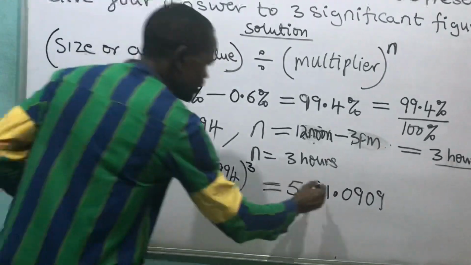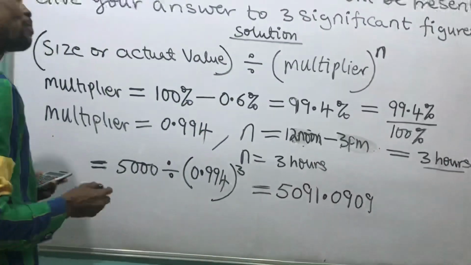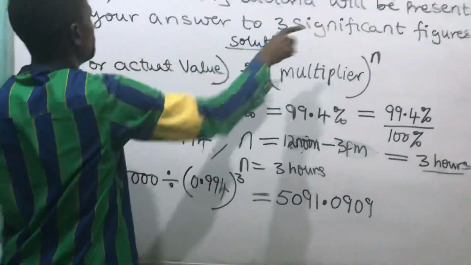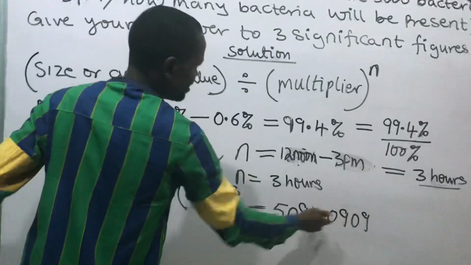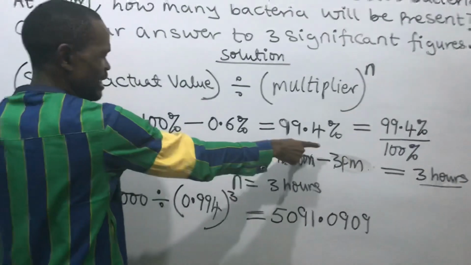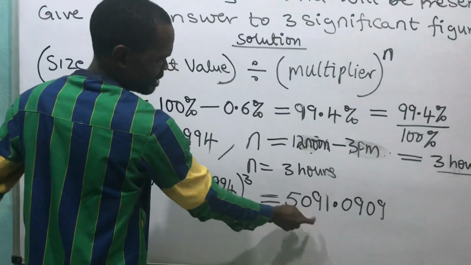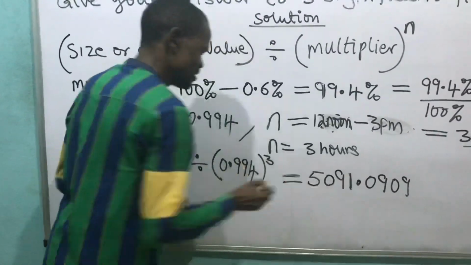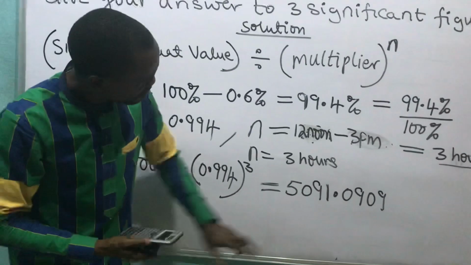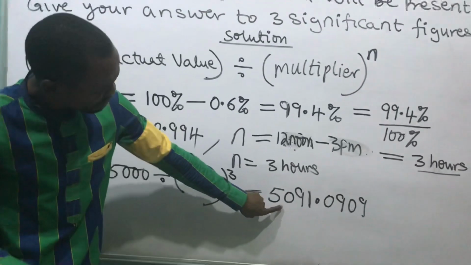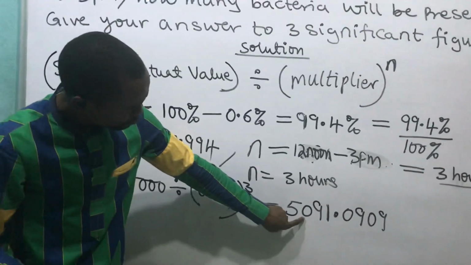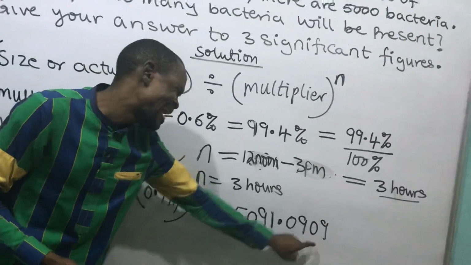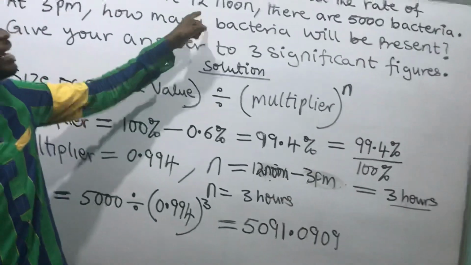Then what it gave me is the present. How many bacteria will be present? That's the present bacteria. At that 3 p.m. we are having this amount of bacteria. You know what it means? At 3 p.m. we are having 5,091.0909 bacteria in the mixture.